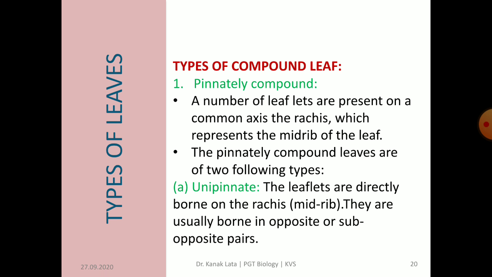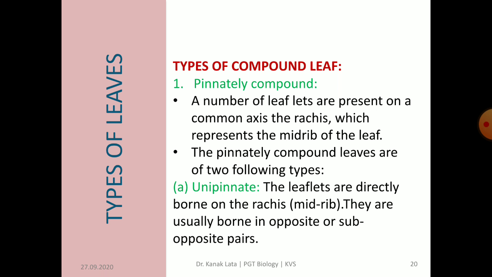First, it is about pinnately compound. In this case, a number of leaflets are present on a common axis, that is the rachis, which represents the midrib of the leaf.